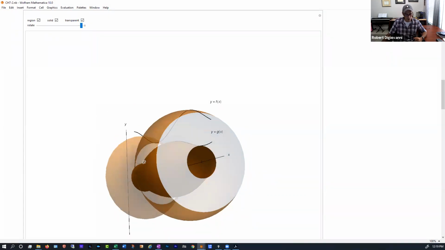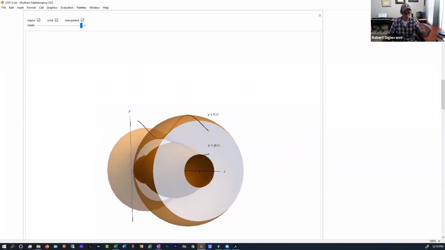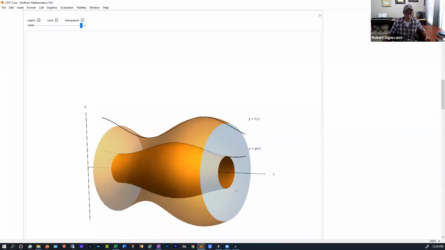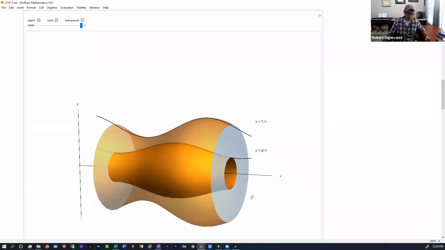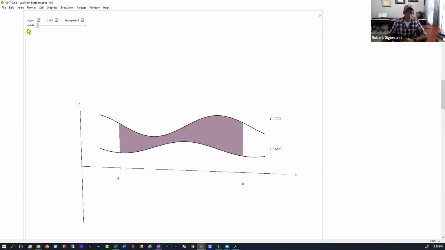We actually have a hole in there, but it's not like we drilled out a perfect cylinder. This is some other shape. So the question is, what is the volume of the solid that you get when you take the region bounded by those two functions and rotate it around the x-axis? Do you understand the question, the picture, all makes sense?